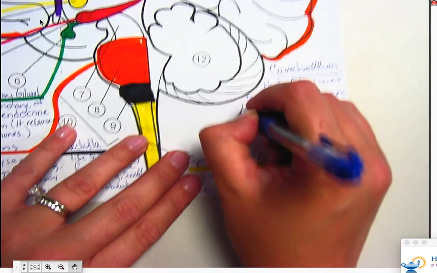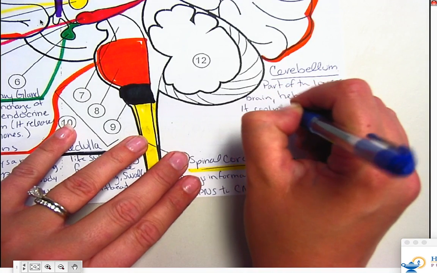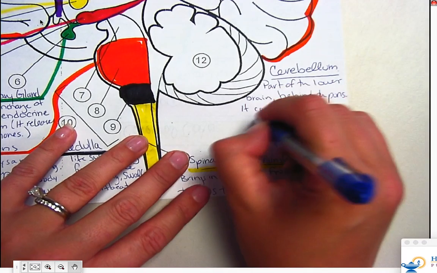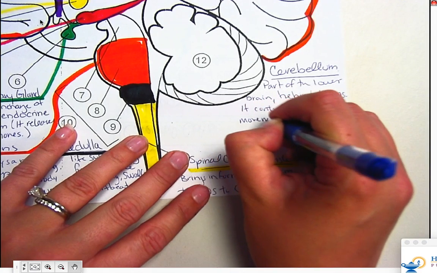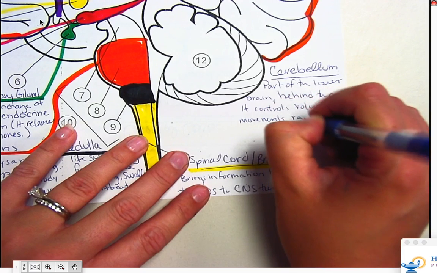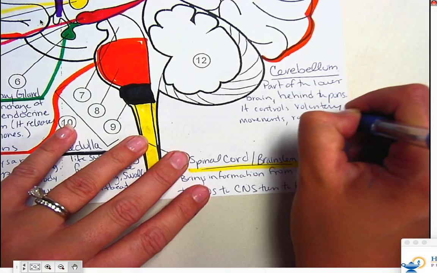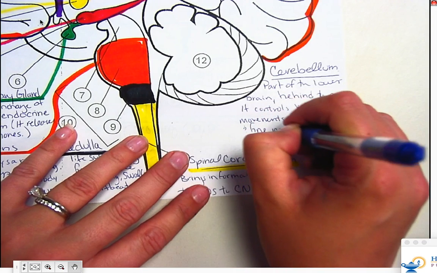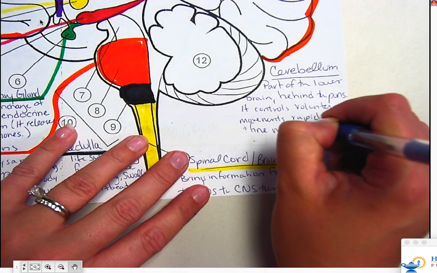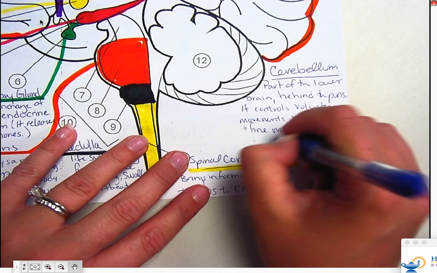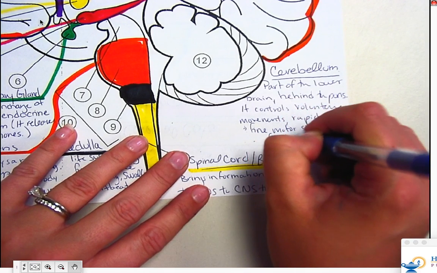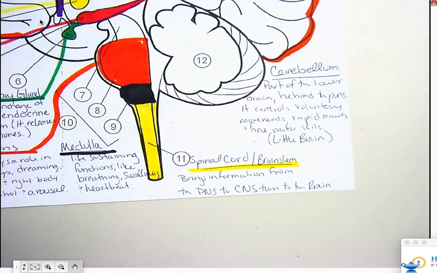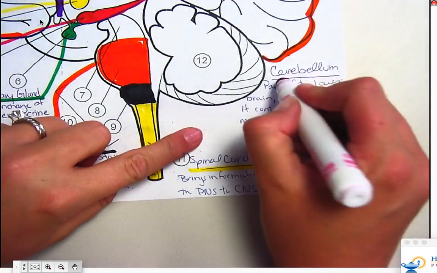It controls voluntary movements, rapid movements, and fine motor skills. It's known as the little brain. And for me, it's going to be pink.